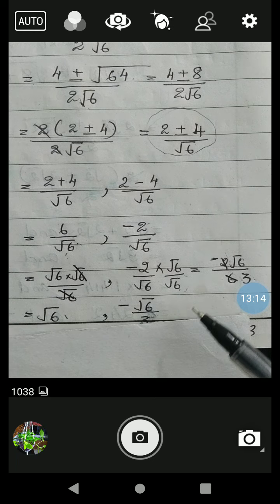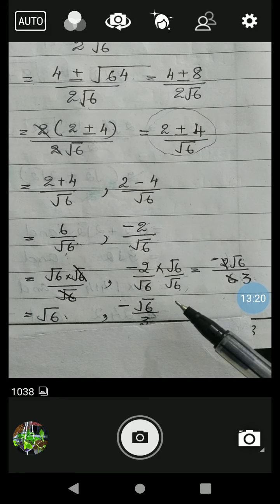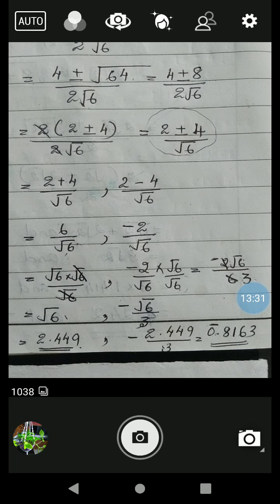You can find the value of root 6 from your class table. In the backside of your text, you can see that table and get the value of root 6 and substitute. Root 6 is 2.449.